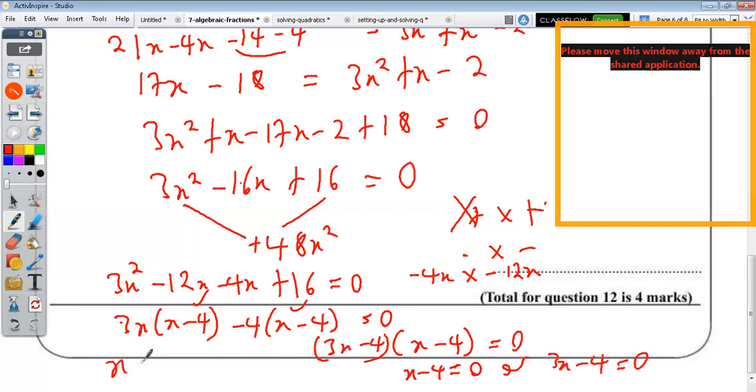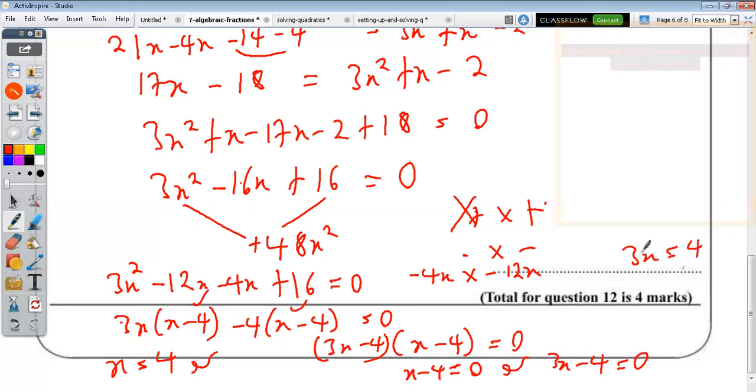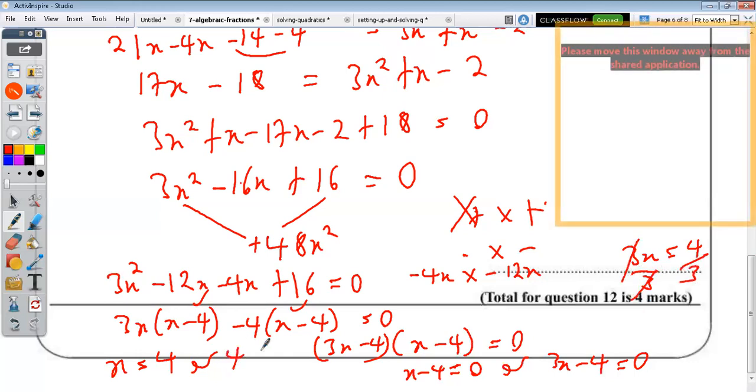So eventually your final answers: if you move that, x is equal to 4, and if you move this here, you get 3x is equal to 4. Divide by 3. Get x is equal to 4 over 3. That making sense?